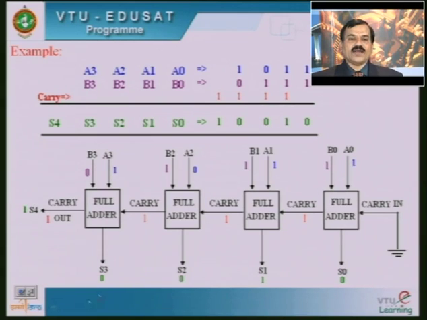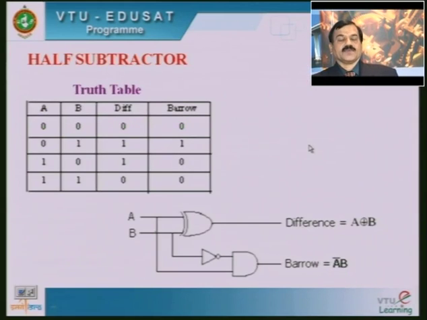The final value is S0 value is 0, S1 value is 1, S2 value is 0, S3 value is 0 and S4 is equal to 1. So finally the sum value in binary we are going to indicate like this, 1 0 0 1 0.